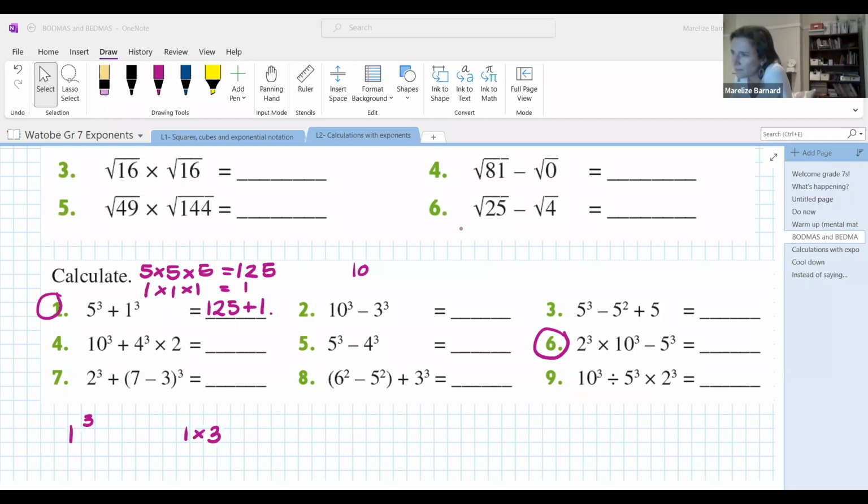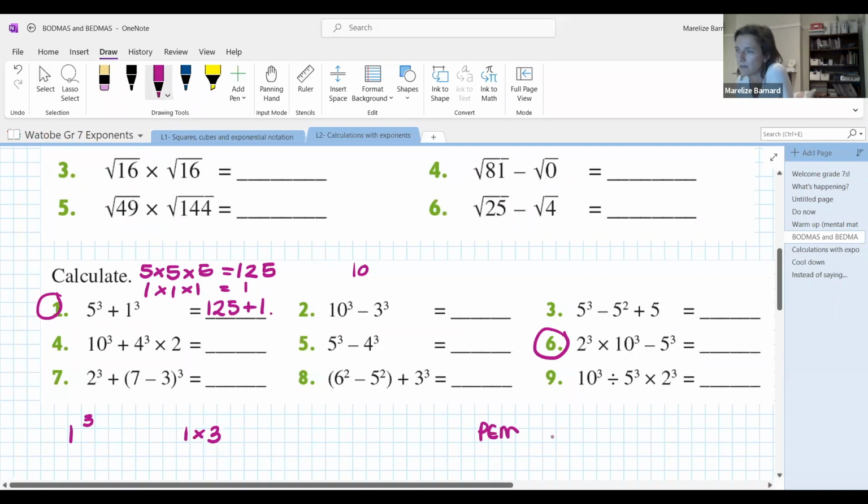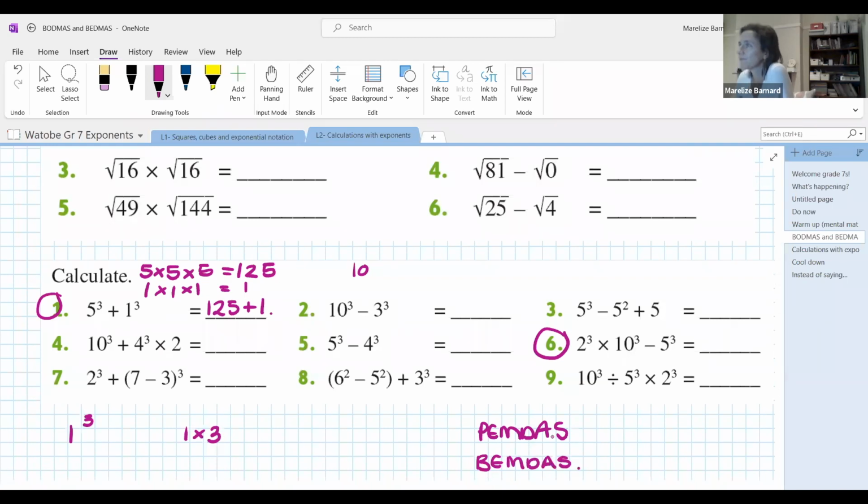Yes, ma'am. Parentheses, exponents, multiplication, division, addition, and subtraction. Okay, so parentheses is the same as brackets. So it's the same thing. It depends on whatever your teacher's using, or I just use BEDMAS because we're used to brackets, and parentheses is not a word that everyone uses.